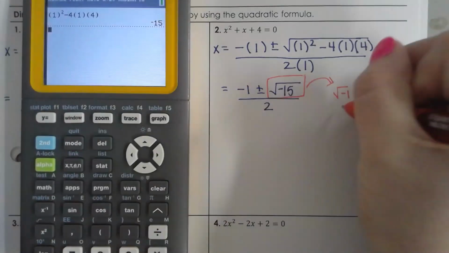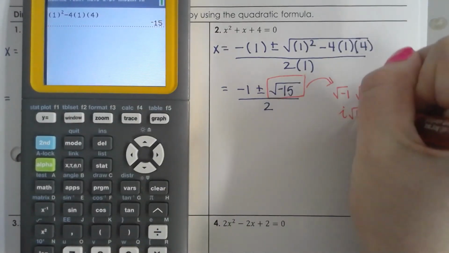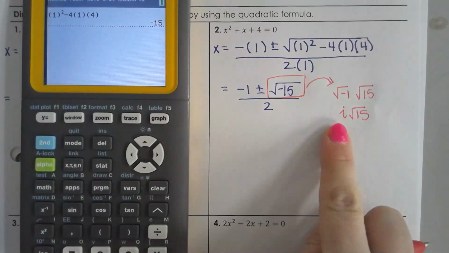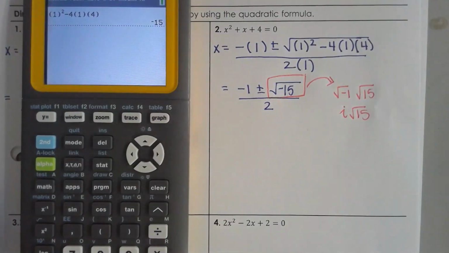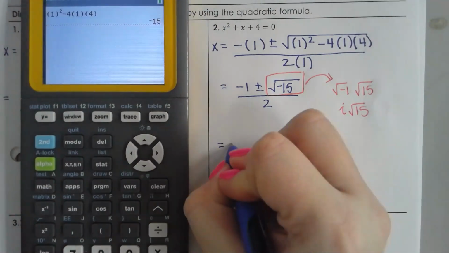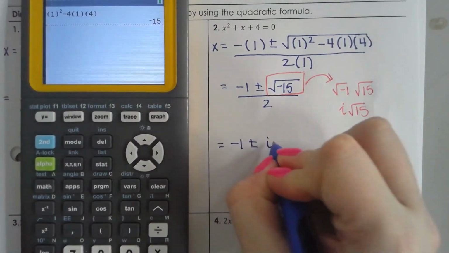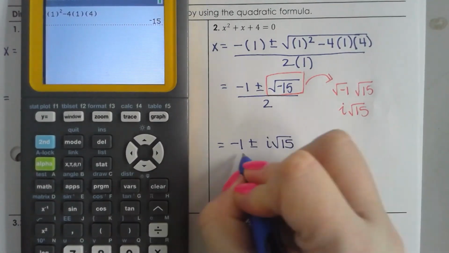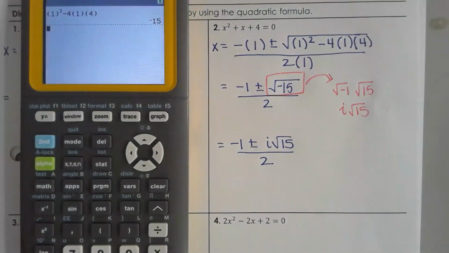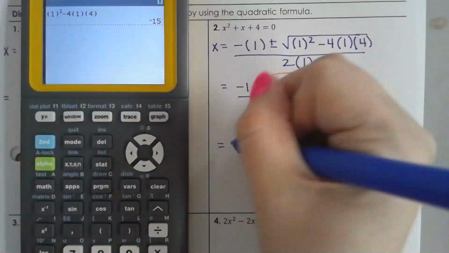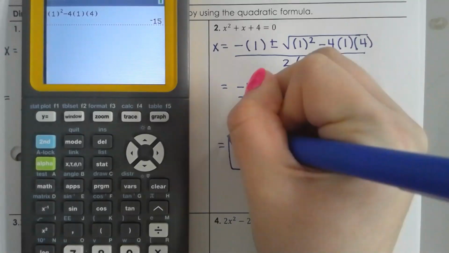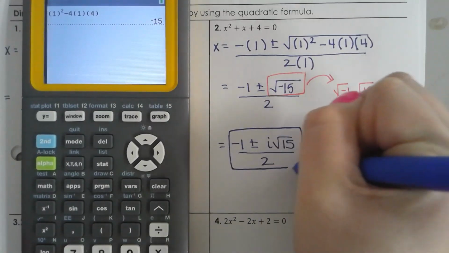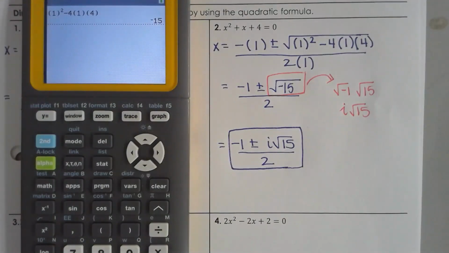It's i. So this is really just i square root of 15, and I cannot divide anything else out.